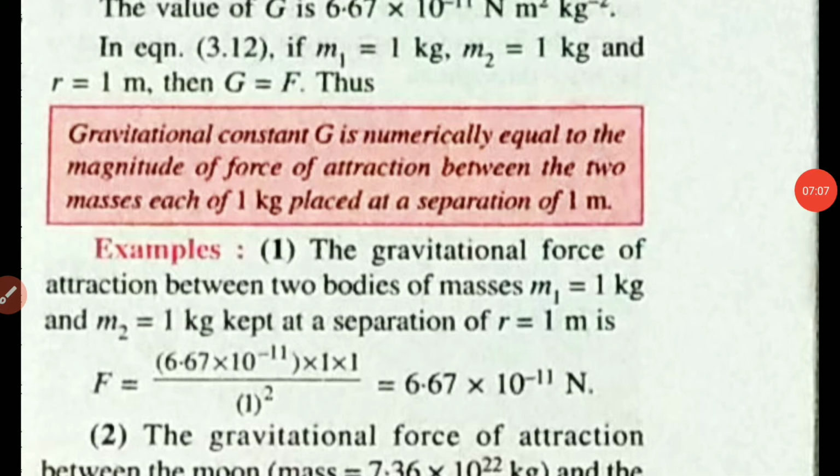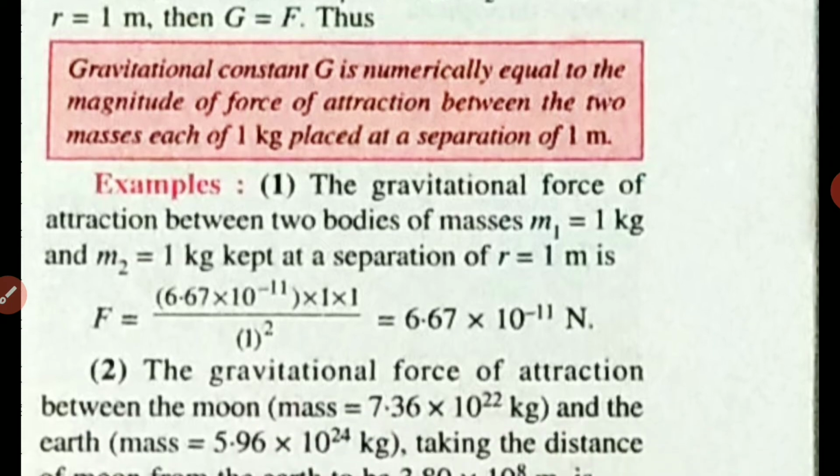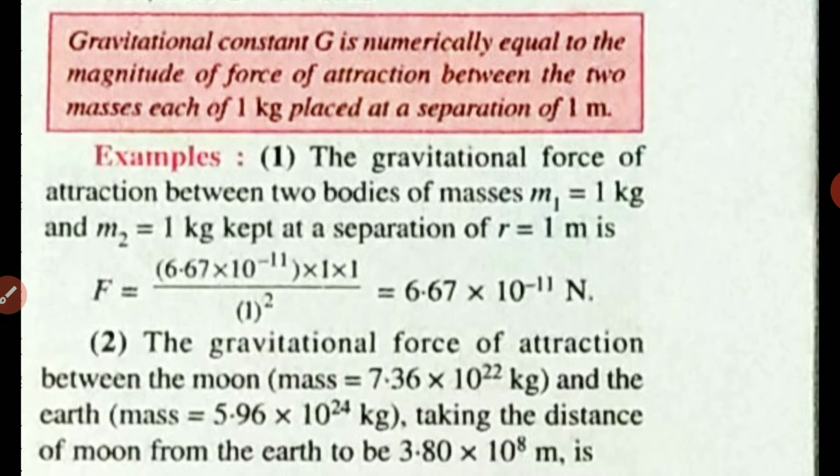Hence, gravitational constant G is numerically equal to the magnitude of force of attraction between two masses, each of 1 kilogram, placed at a separation of 1 meter. Okay. Examples. Number 1, the gravitational force of attraction between two bodies of masses m1 1 kg and m2 also 1 kg, separated by a distance of 1 meter.